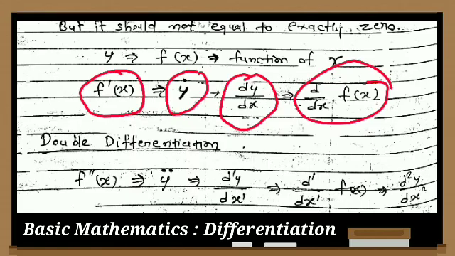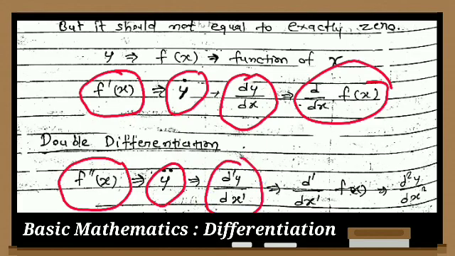How? We represent the double differentiation as f double dash x, y double dot, d dash upon dx dash of f(x), or we can say d square y upon dx square. Is it clear? This is the representation of double differentiation. We have to find the differentiation first and then again differentiate this result. Is it clear?